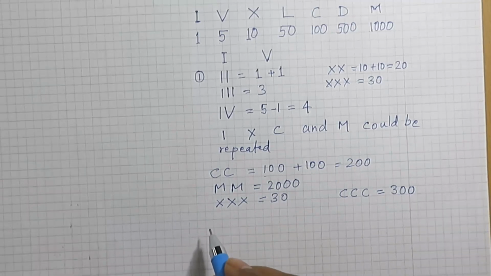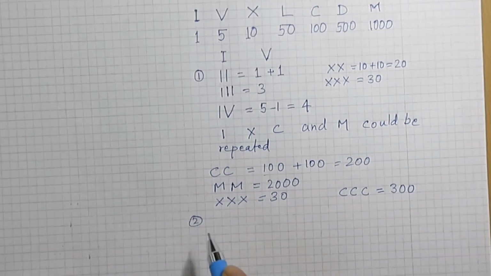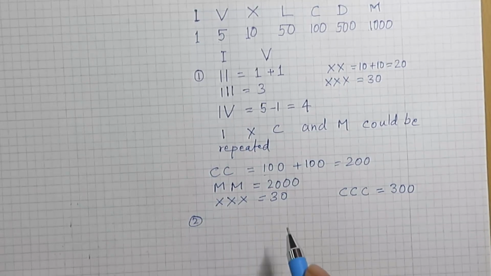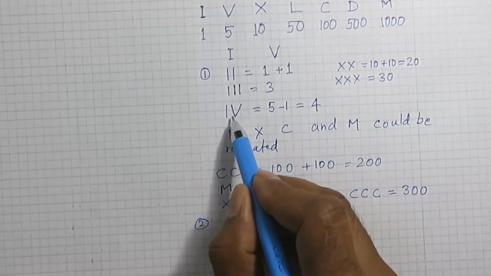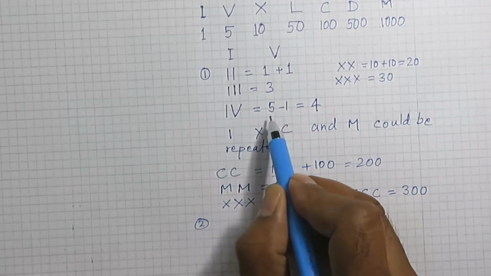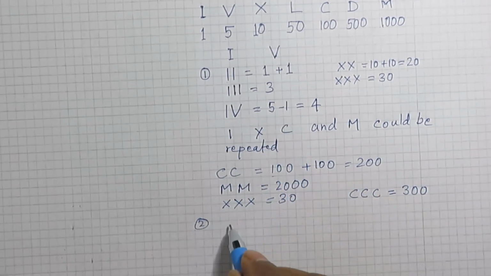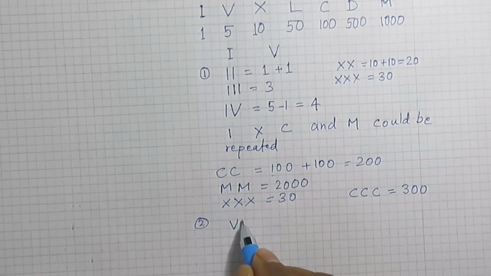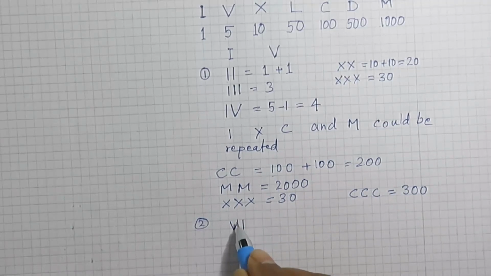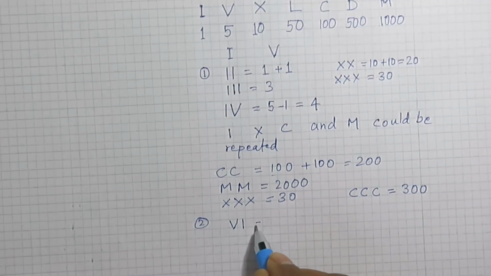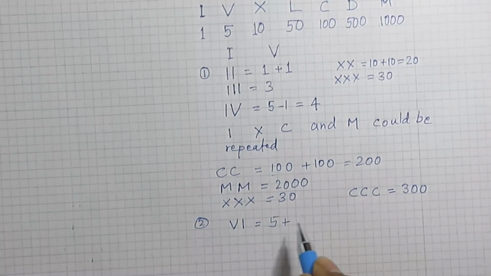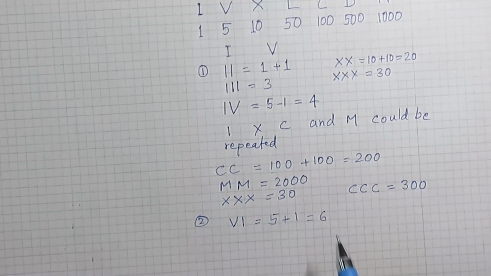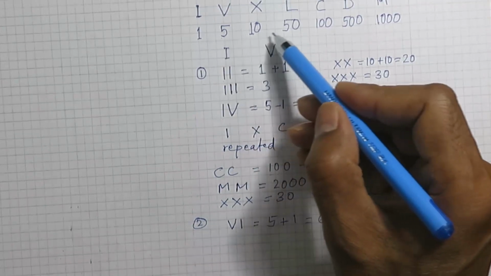Now the second rule is a smaller numeral written to the right of a larger numeral is always added to the larger numeral. In this case we had subtracted, but if I want to say 5 and 1, that is 6, then I will write V and I, which is 5 plus 1, it is 6, because we don't have any numeral for 6.